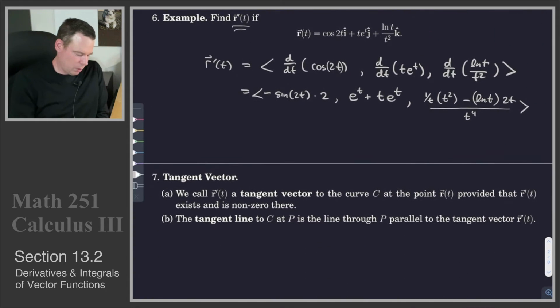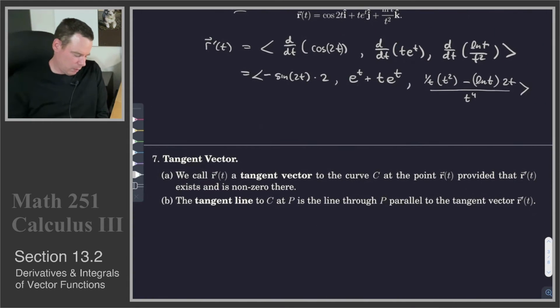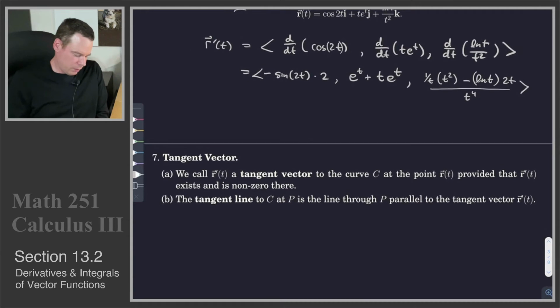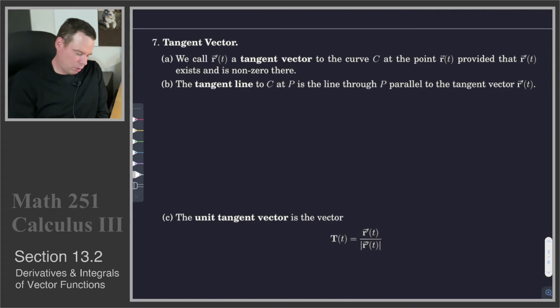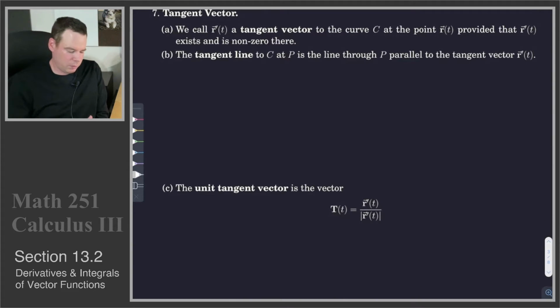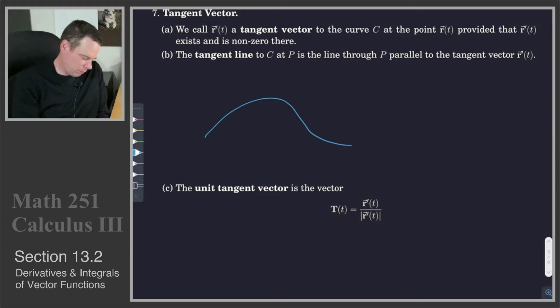Now in terms of the geometric interpretation of the derivative, r prime of t is also called the tangent vector to the curve at that point, r of t, provided that r prime of t exists and is non-zero there. So this is our picture that we have. There's our curve. Here's a point on the curve.